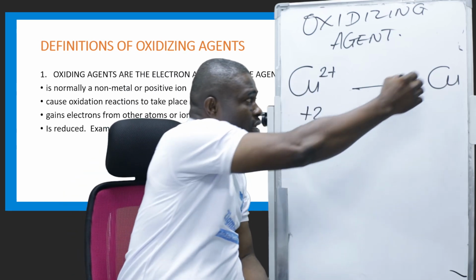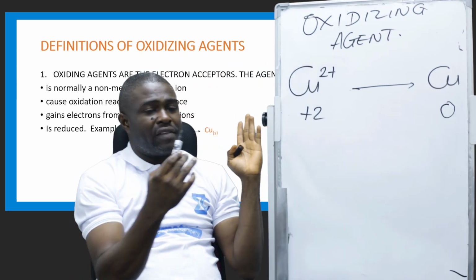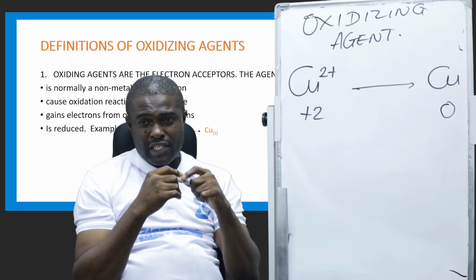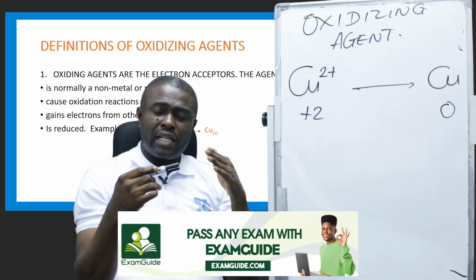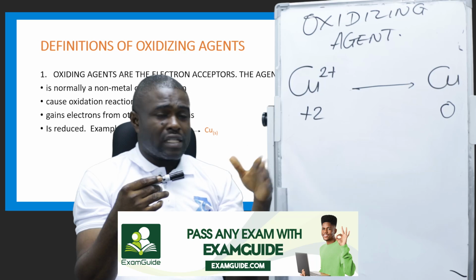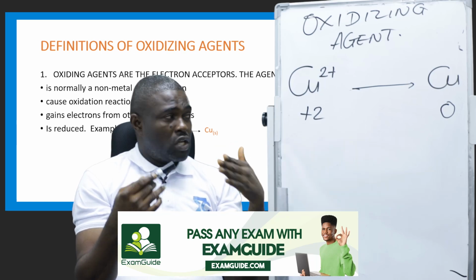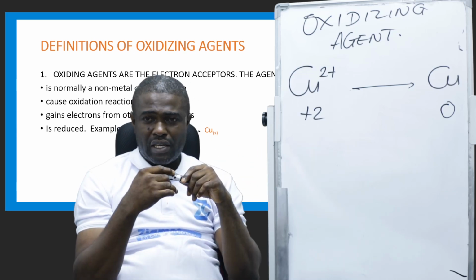The oxidation number is 0. So tell me, between my left-hand side and my right-hand side, where do I have more positive charge? Of course, at my left-hand side. It is at this left-hand side I'm going to introduce an electron in such a way that after the calculation, it will be equal to 0, which the right-hand side bears.